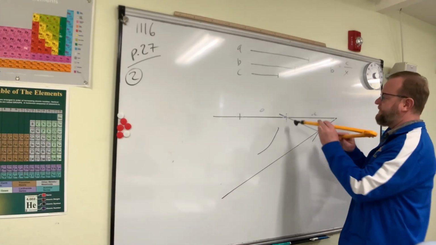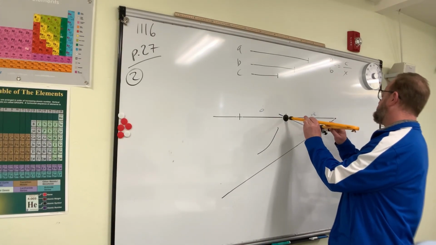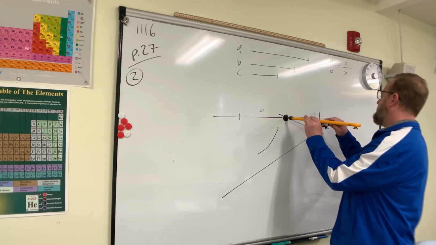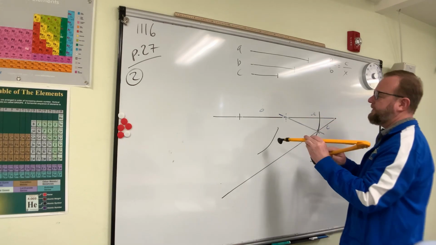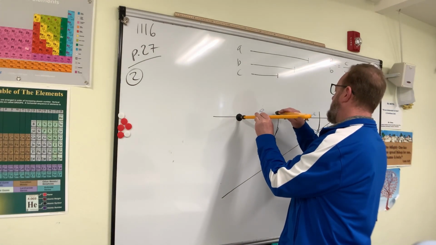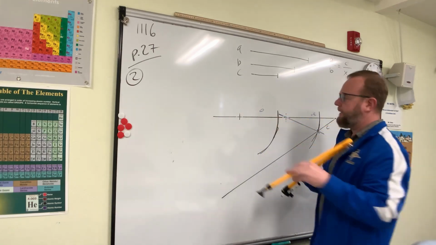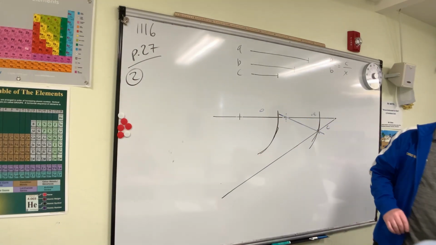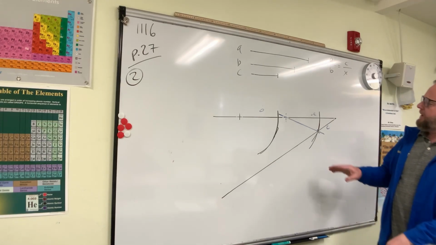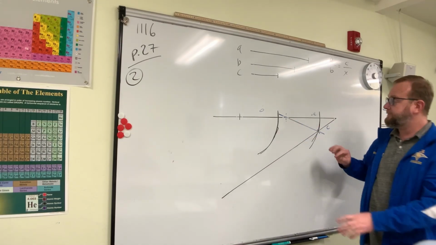Whoops, I didn't go far enough. Let's try that again. I need to intersect both sides. I need a reference point to start from. All right, what I've got so far hopefully makes sense.